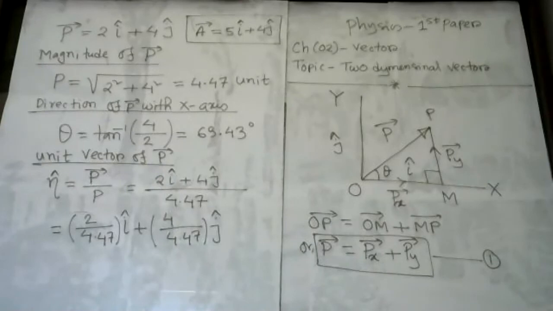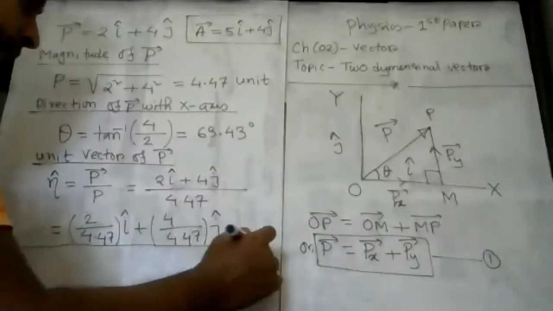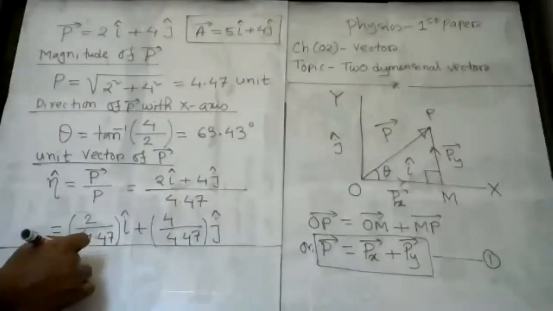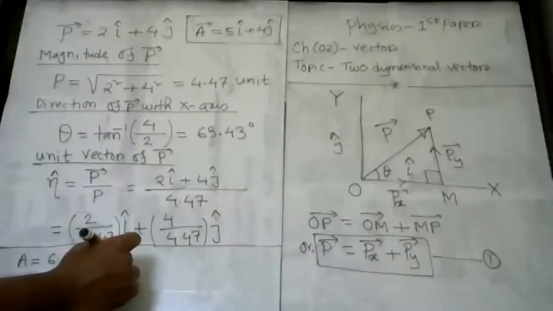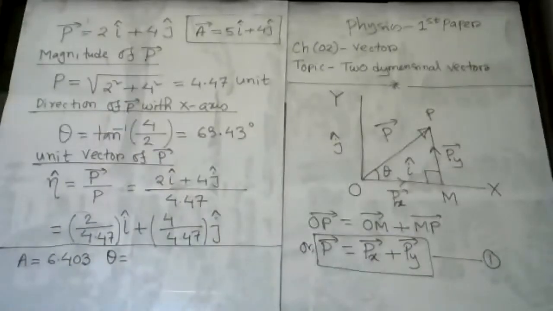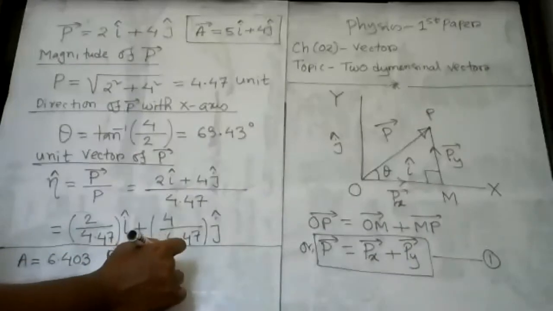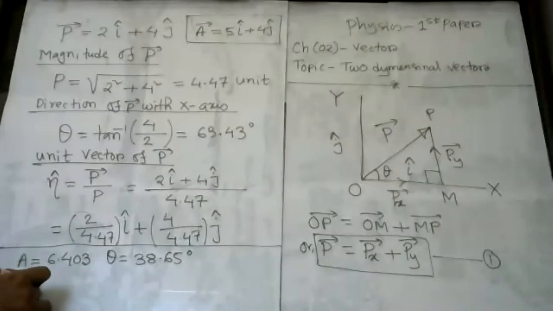Okay. What's the magnitude of A, my dear student? 6.403. Okay. Now, what's the value of theta? What's the angle? 38.65 degree. Now, what's the value of the unit vector?